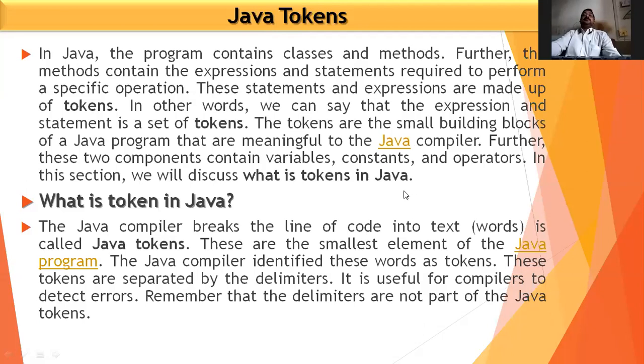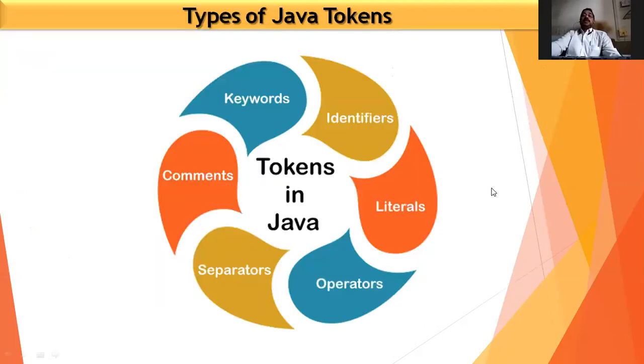Let us see the types of Java tokens. Here are the different types of Java tokens. I think you have already seen these tokens in the C language, and in C++ also all these tokens are useful. But let us see these tokens one by one.